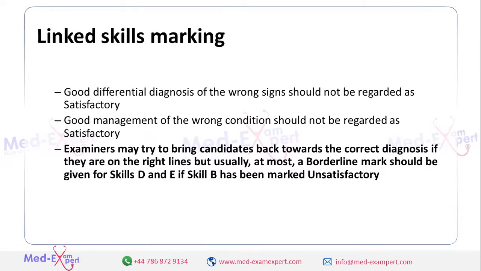So if you go down on one of these skills, even other skills will be affected. But do remember, if you made a wrong diagnosis in one of these stations, for example, CVS or CNS, you can still pass the exam. It is going to bring down your marks, but you can still pass. So do not worry about it if you have made a wrong diagnosis.